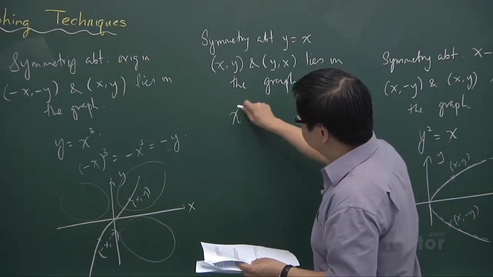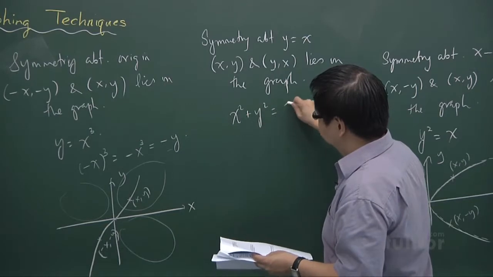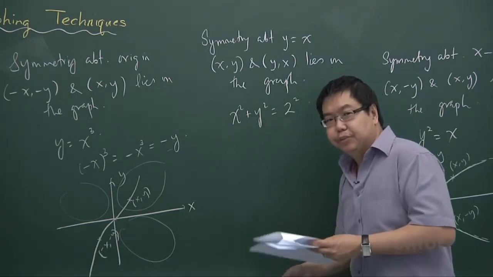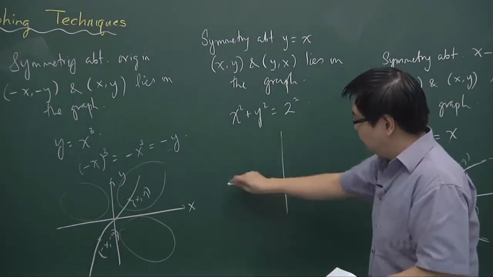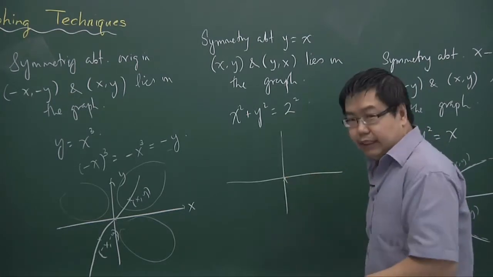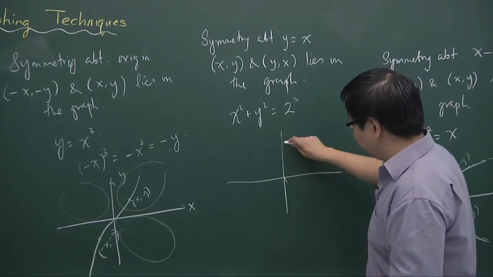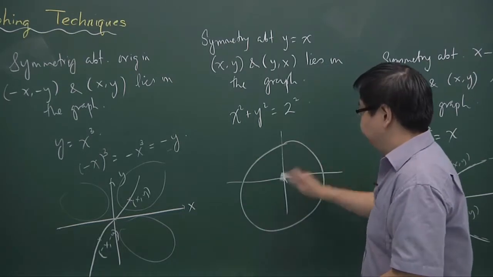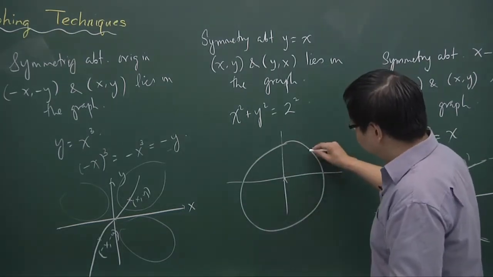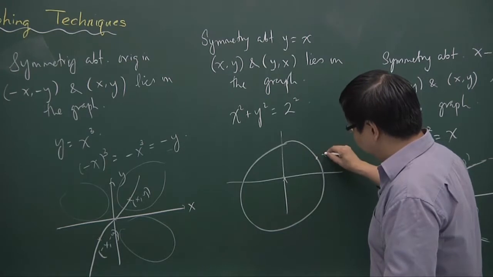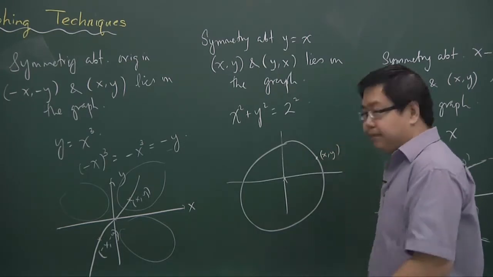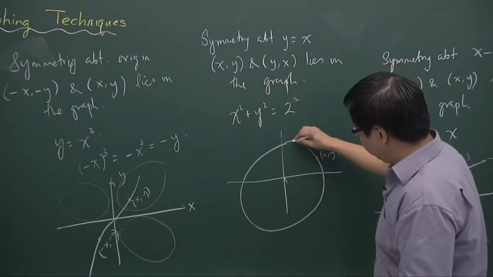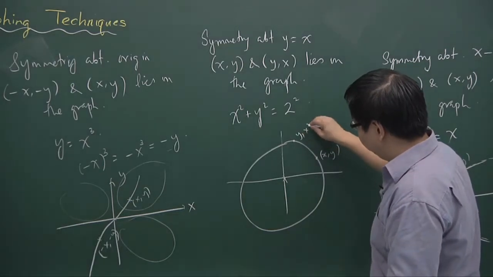One such example is a circle, which you have learned back in your secondary school. This circle, of course, has the origin as the center, and radius 2. Okay? So a point here, say (x, y), if you interchange it, becomes (y, x).